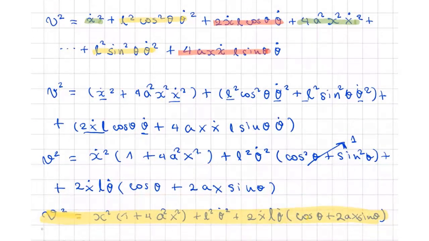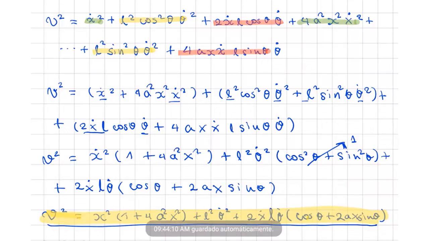The kinetic energy would be K equal to one half of the mass multiplying the velocity square. We replace the velocity into the formula of the kinetic energy to have the whole expression for it.